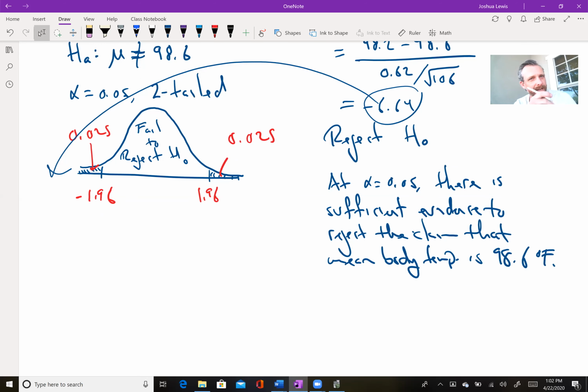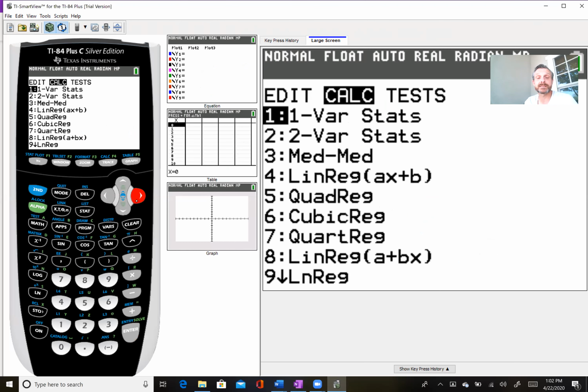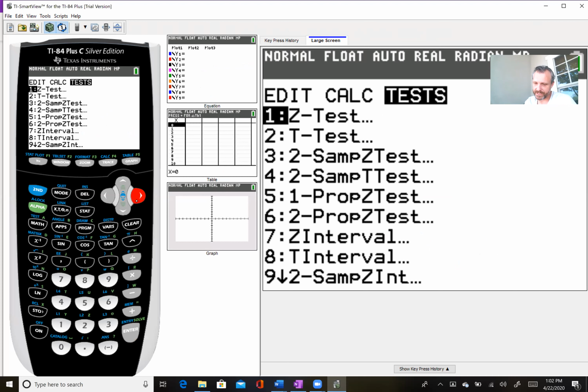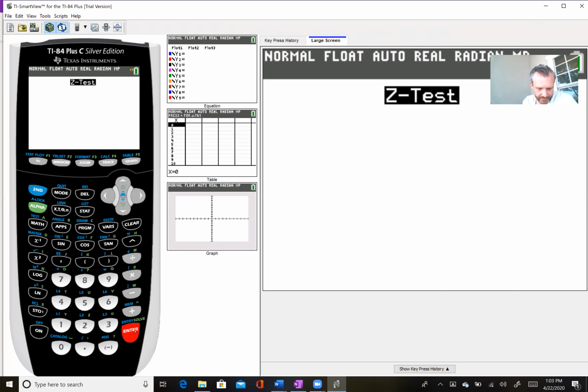Hey, I wonder if our calculators will do this for us. Of course it will. So, stat, tests. First one you see here, z-test. Well, if I had raw data, I could put the raw data in, but here I don't have the raw data, I just have the summary statistics.